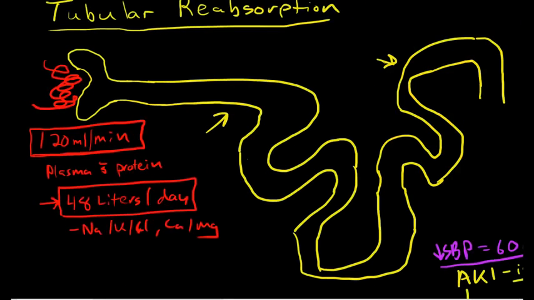Now, I do want to talk a little bit about some things that happen in specific places here in the body. Now, sodium is actively reabsorbed in the proximal tubule, and water is following it. So by the time you get to the end of the proximal tubule and down to the loop of Henle, we have reabsorbed a significant amount of sodium and water.